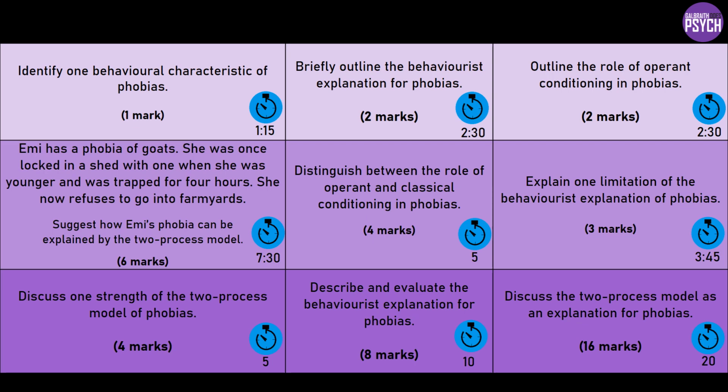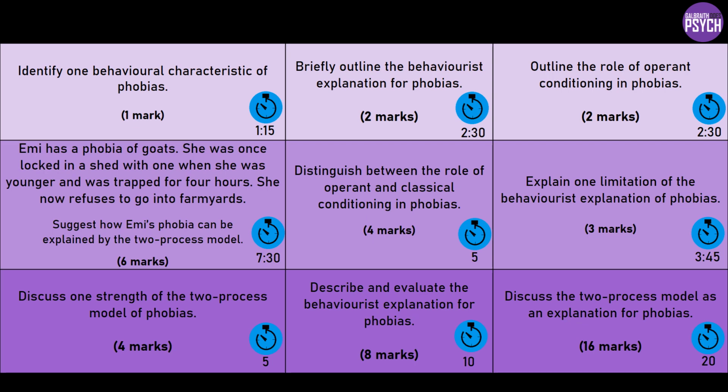What you wouldn't do necessarily here is delve too much into how the therapy works, or discuss the therapy in too much detail, because what you're trying to evaluate is the theory. But the fact that there's a therapy based on the theory is a strength of the theory. In order to discuss this, the counterpoint might be that actually the therapy doesn't work for all patients or for all clients.